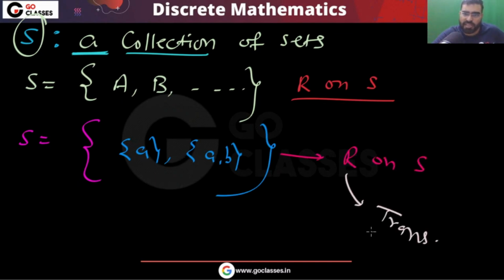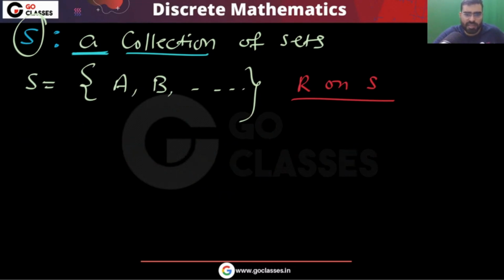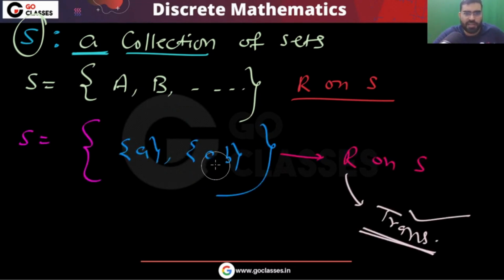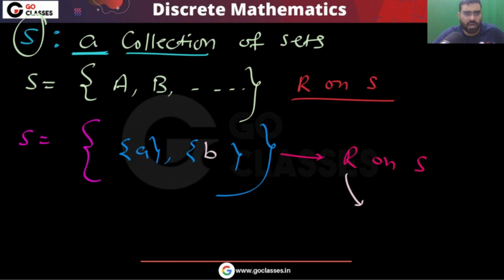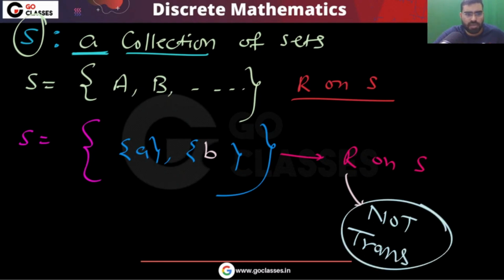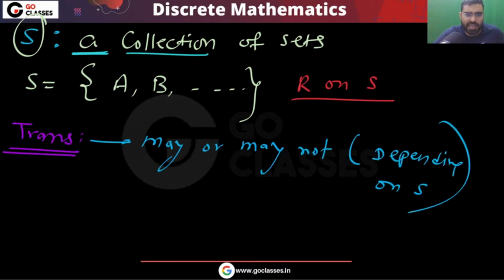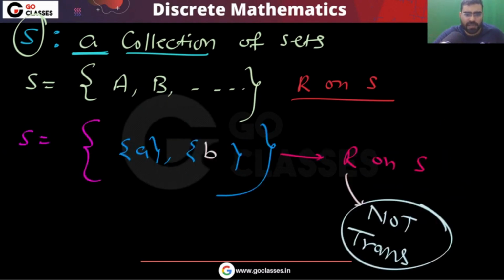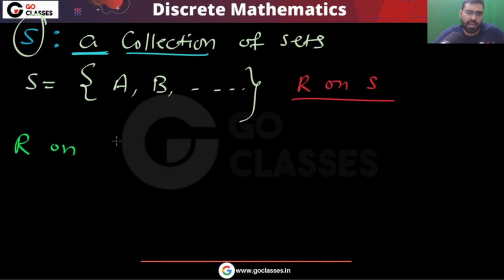But if I take this other set S, you can notice this relation R will not be transitive. So again it will depend on S. So in general I can say it is not transitive, right? Is this clear? In general, this relation R on S that you are defining is not transitive.